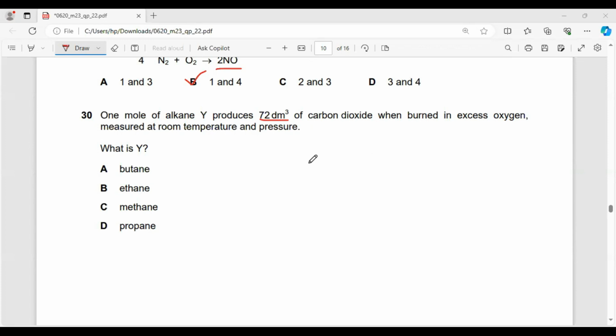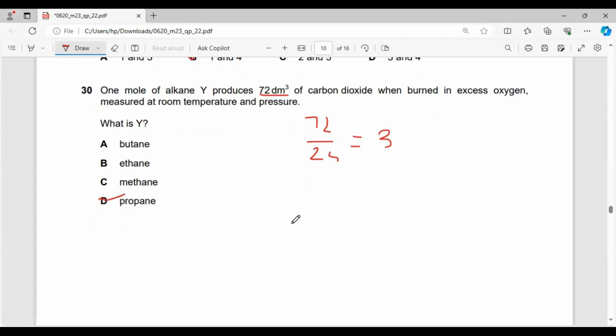We will find the number of moles present by using the formula moles is equal to volume upon 24. So we will substitute 72 in place of volume. 72 divided by 24 will give us 3. So the substance containing 3 carbon atoms is propane.